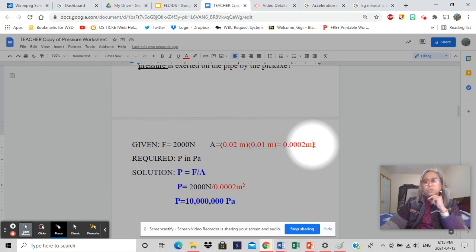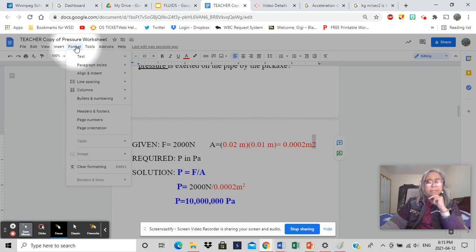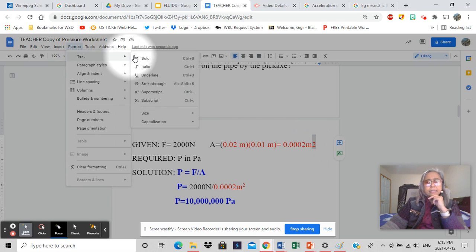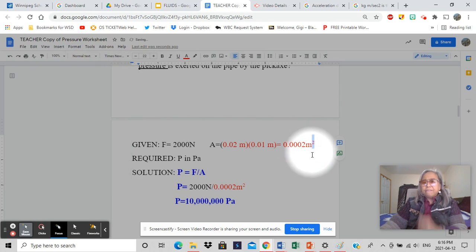So highlight it first, click on format, then text, and then superscript so that you can have it correctly written as this.